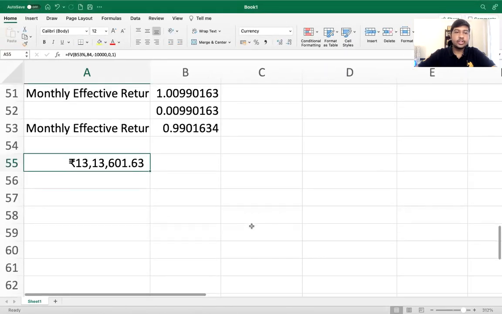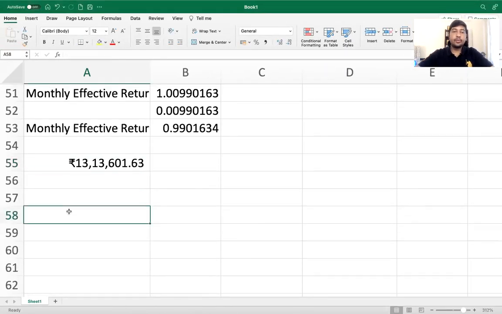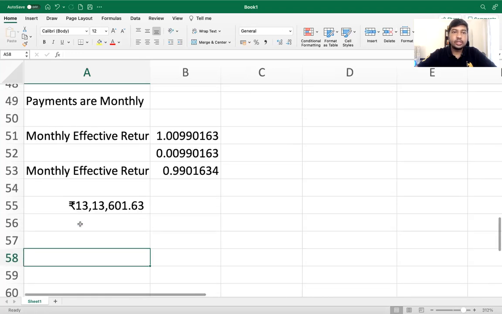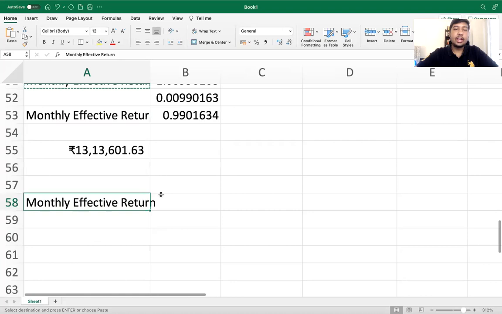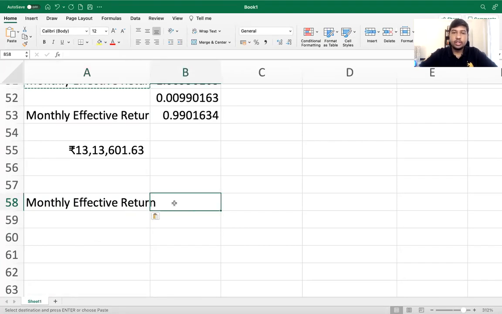Since the interest rate is 7% compounded annually, you don't need to find out the annual effective return, because 7% compounded annually, the effective return is also 7%, right? So what you need to do is calculate the monthly effective return, since the cash flows are required every month. So how do you do that?